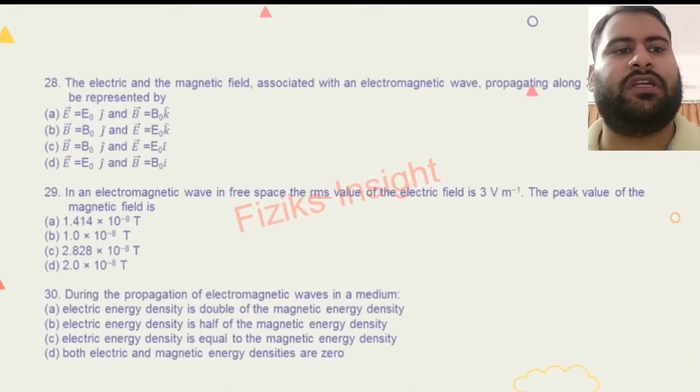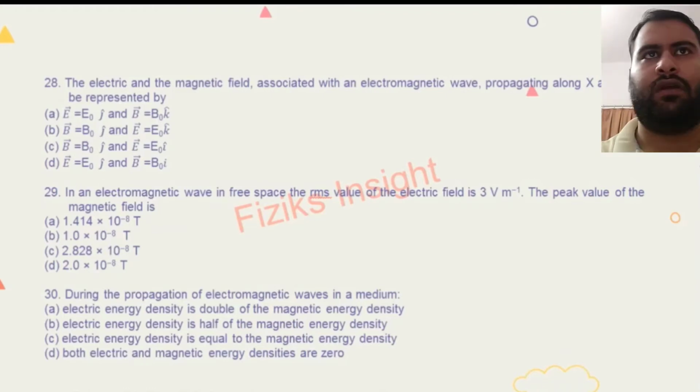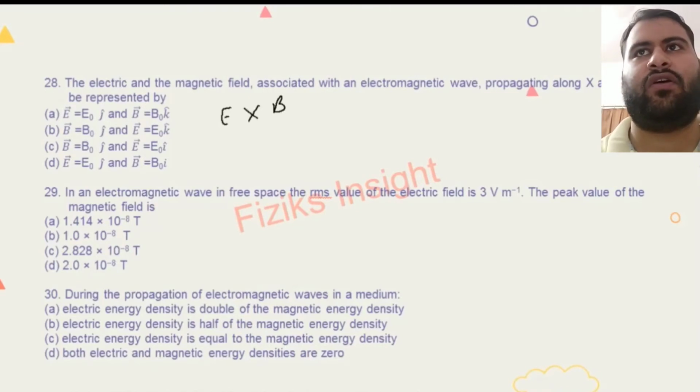Now let's proceed to the 28th question. Now direction of propagation of electromagnetic wave is given as E cross B. Now see, if the direction of propagation is along x-axis, means towards i cap your wave is propagating.